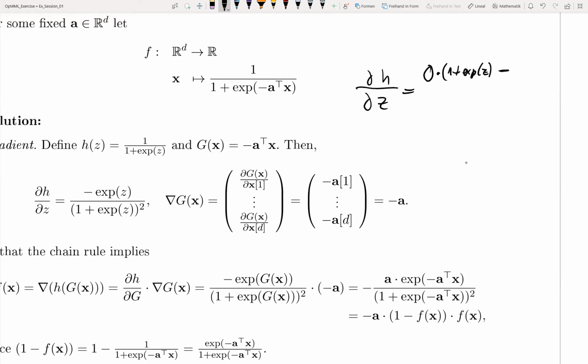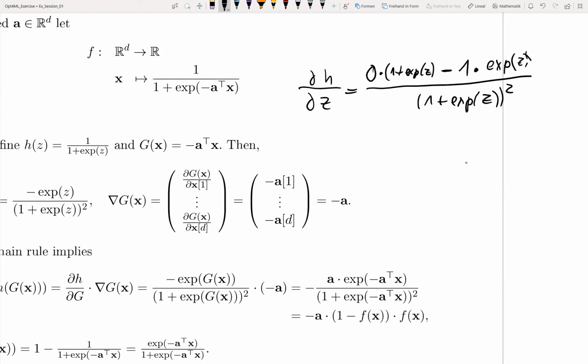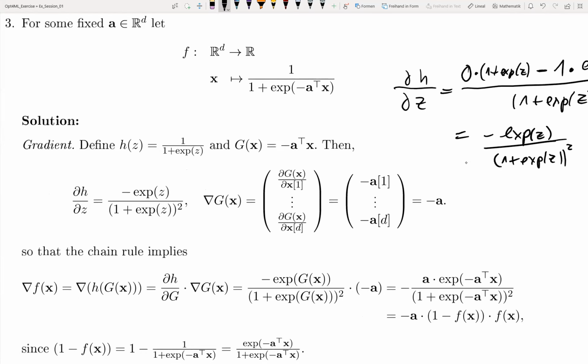You subtract from that the numerator function as it is, multiplied with the derivative of the denominator function, which is e to the z. And then you divide the entire thing by the denominator function squared. And voila, what we see is e to the z over 1 plus e to the z squared. So everything's fine.